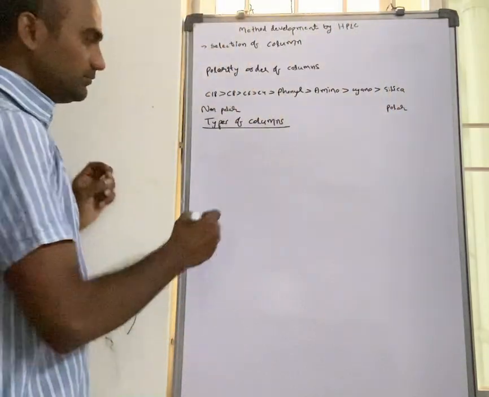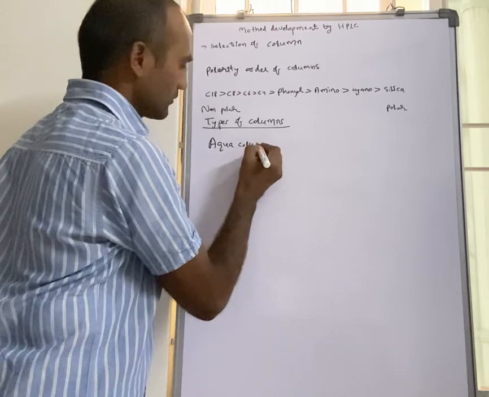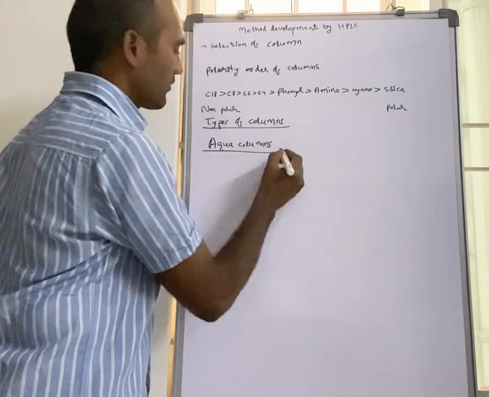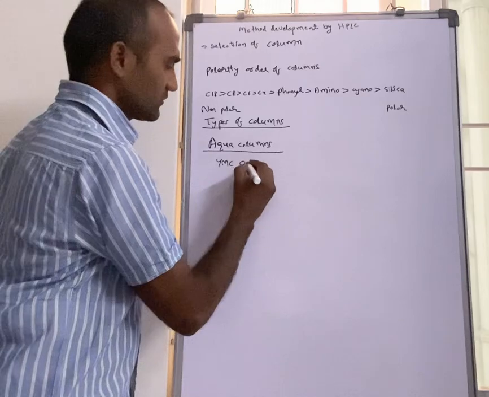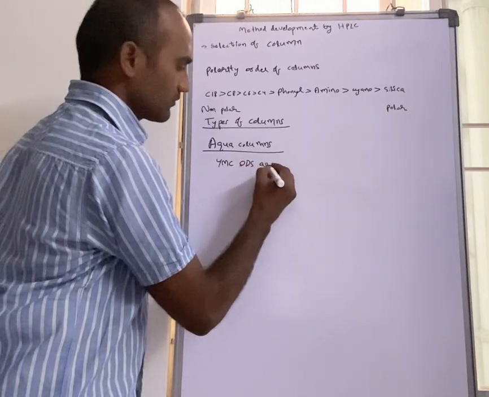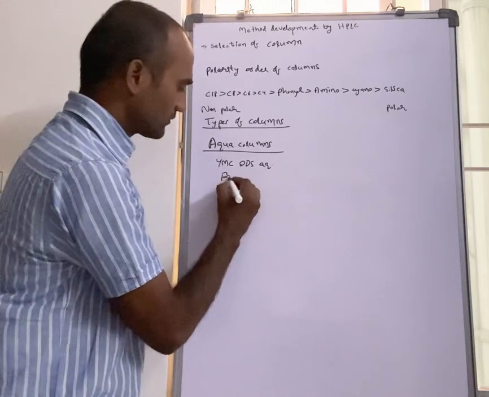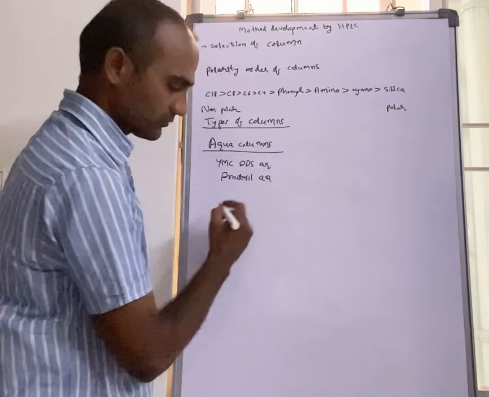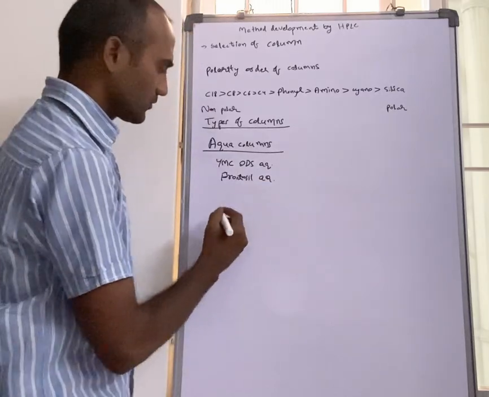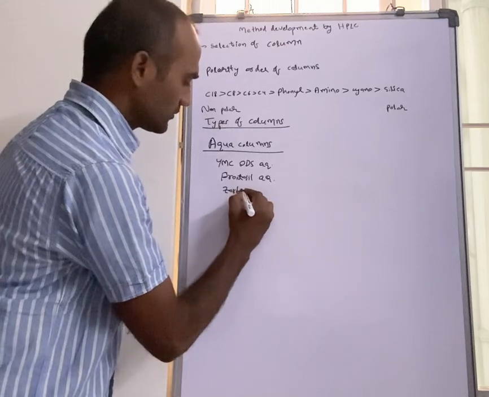Apart from that, aqua columns will be there. Aqua columns means YMC ODS aqueous, Frantosil aqueous, Zorbax SB aqueous.